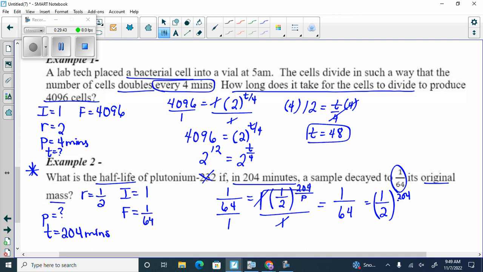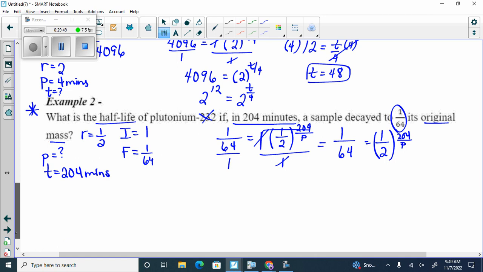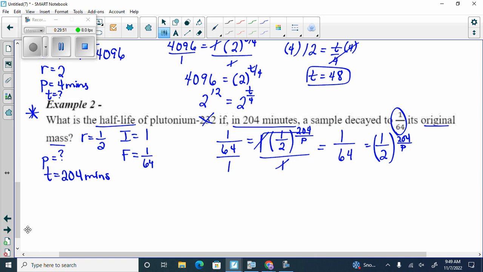And what can we do with this one? You can log base 10 both sides, sure. Or common base. Or graph it. If it says algebraically, you cannot graph, but if it doesn't say anything, you can do what you want, right? So here we have 1 over 64 is a half to the what? To the 6, isn't it?